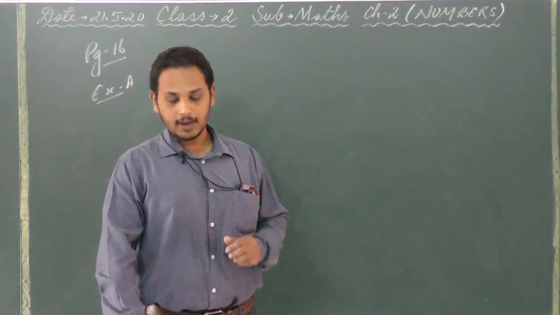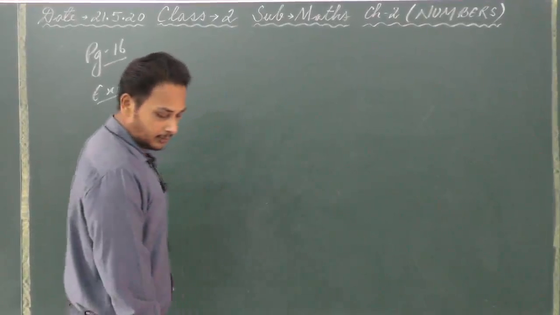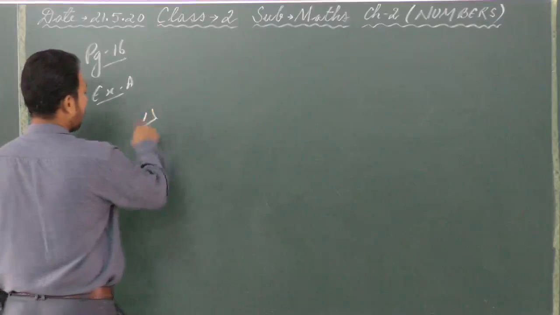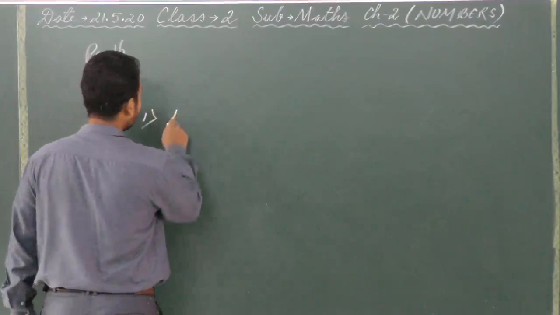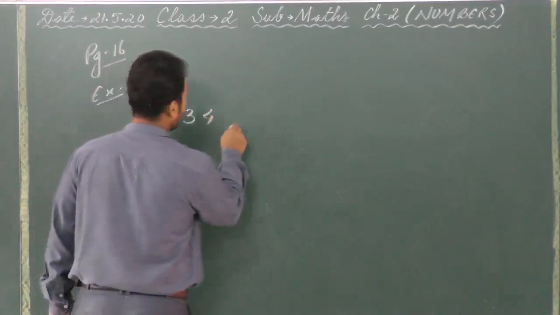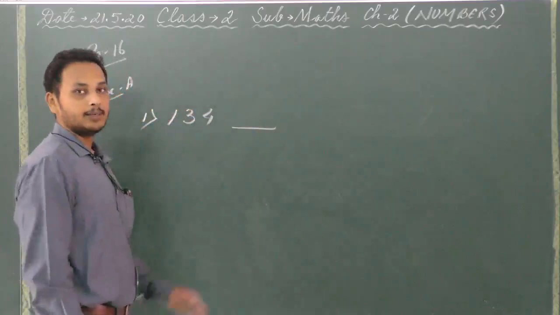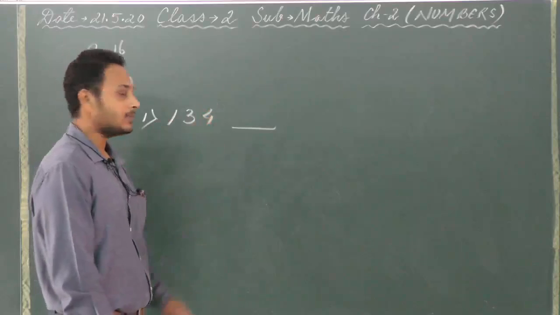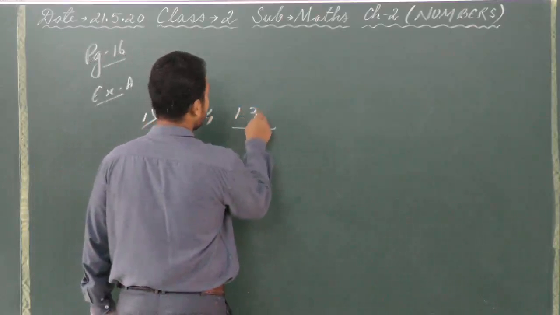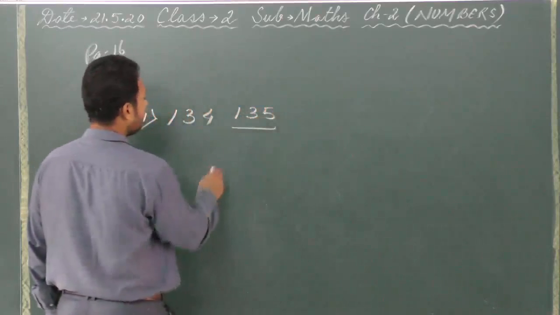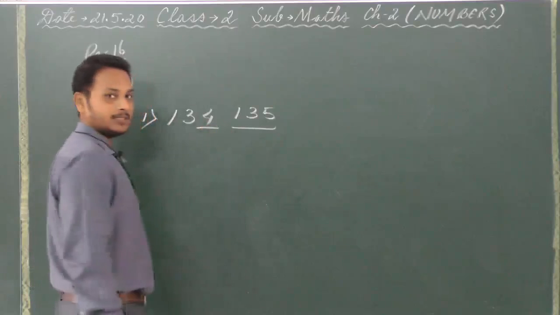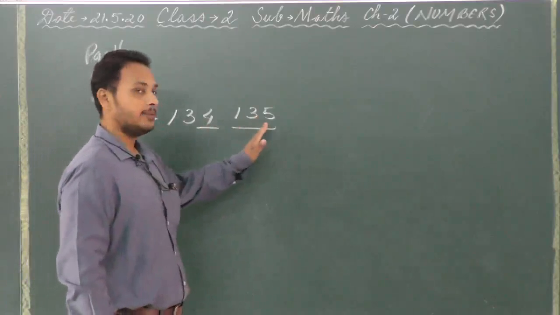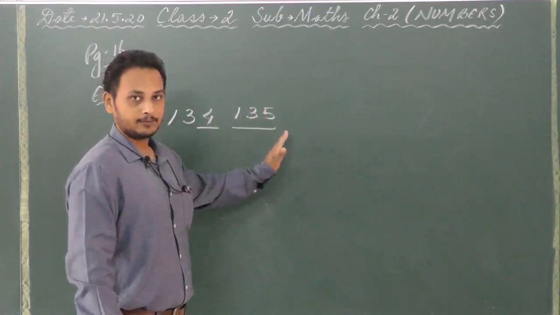The first one is already done with you, that is number 1. The number given is 134. You have to write the number that comes next. Now after 134, which number comes next? That is 135. How did 5 come? By changing the number in the ones place. After 4 we have 5, so 135.